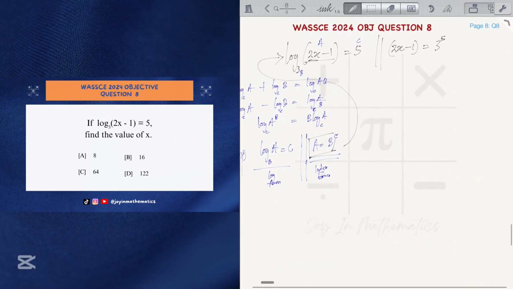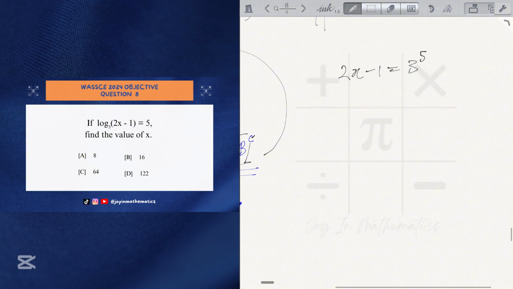Now, if we have 2x minus 1 equal to 3 raised to the power of 5, the question is what is 3 raised to the power of 5? So we have 2x minus 1 equal to 243. With this we can find the value of x. So 2x will be equal to 243 plus 1, because we're moving 1 from the left hand side to the right hand side.